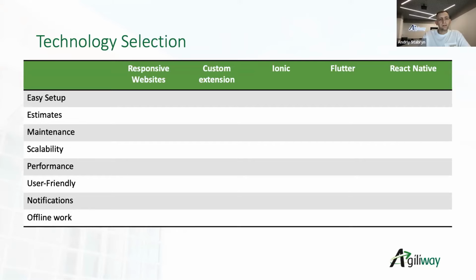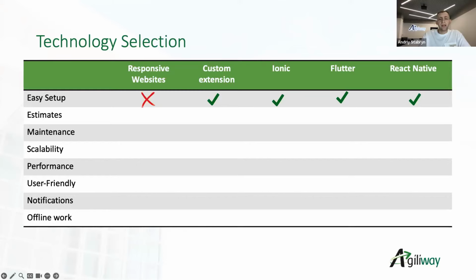The first is easy setup. It means for the end user how easy it is to install our application or solution. For a responsive website, it's a bit tricky. They might find it hard because it needs changes in CiviCRM files, making it tough for clients to set up.